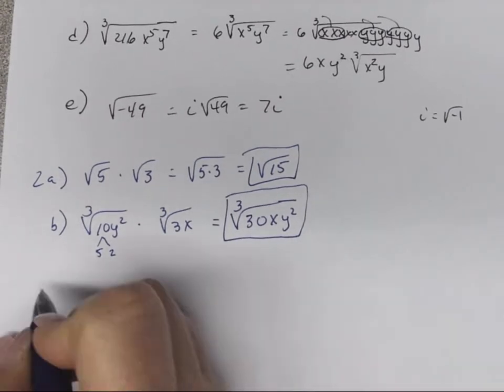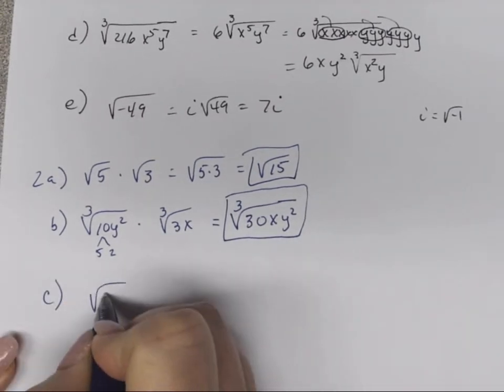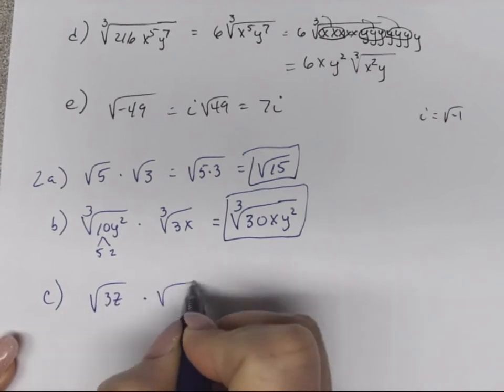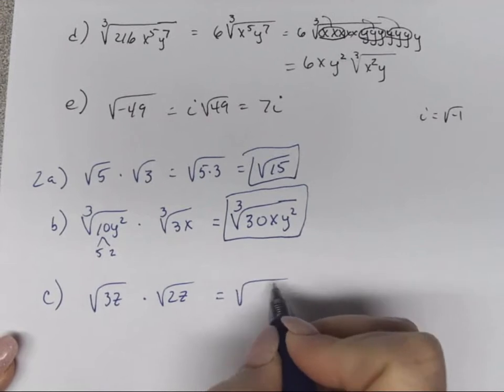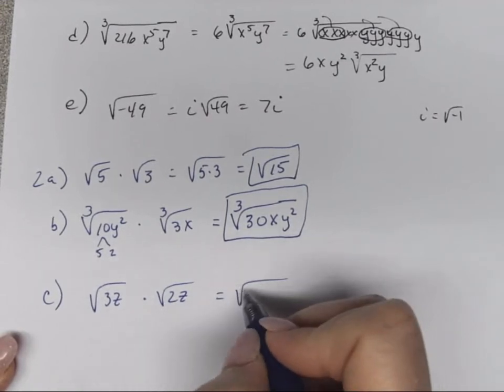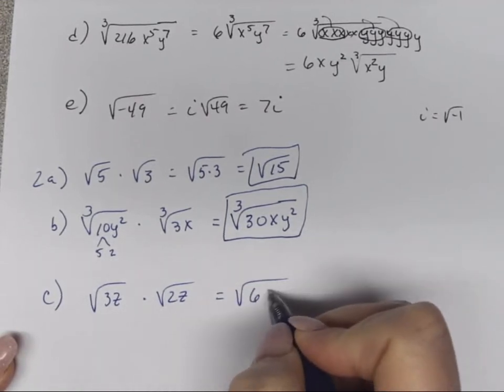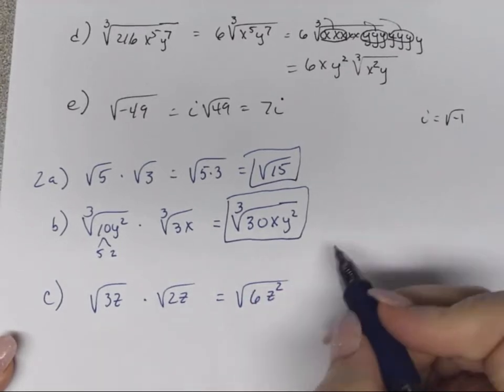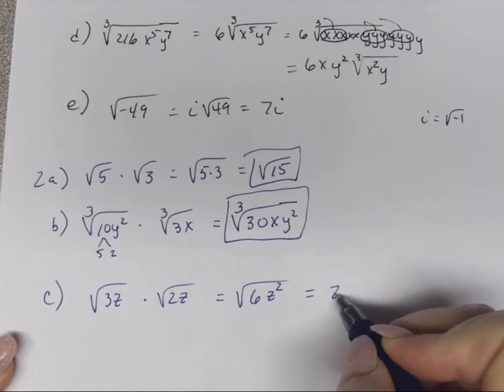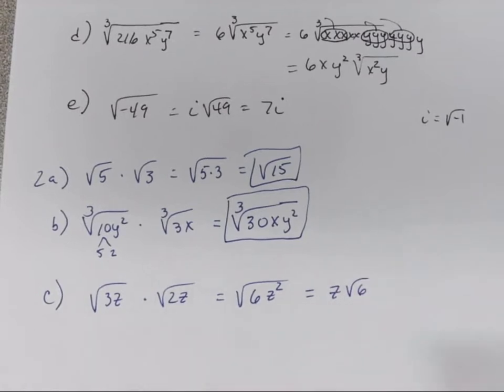All right. If we have the square root of 3z times the square root of 2z, we'll end up with 3 times 2 will get us 6z squared. Now that z squared we can take the square root of, so we'll end up with z square root of 6.